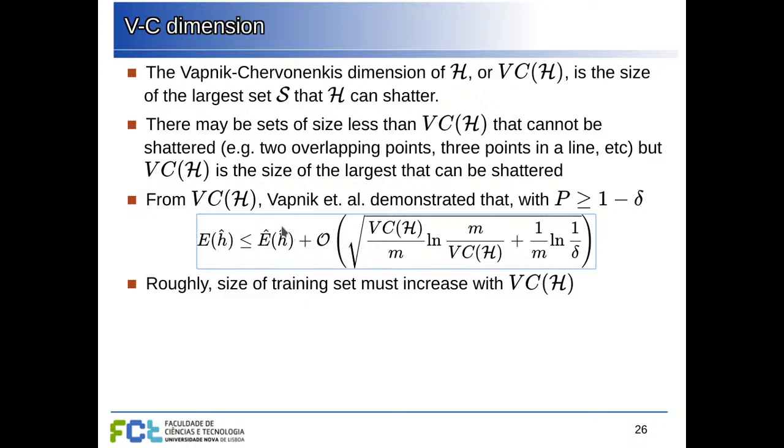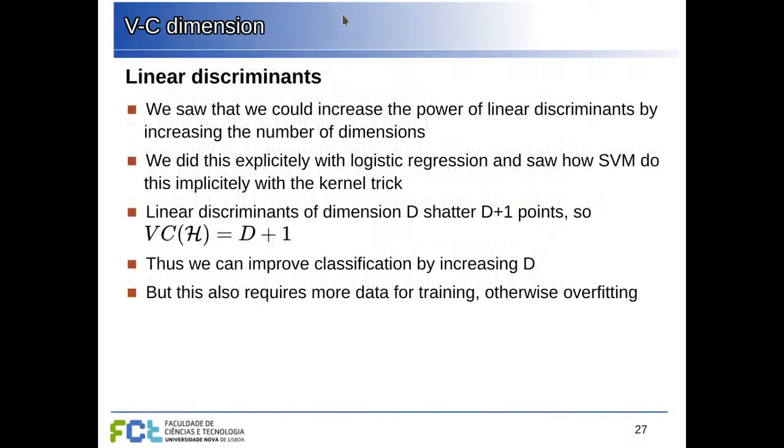Of course, we don't actually measure the true error, but we can estimate it with cross-validation or with the test set or something like that, and we see that we are making more mistakes outside the training set. So here we can understand more formally what is happening when we are increasing the power of the classifier.